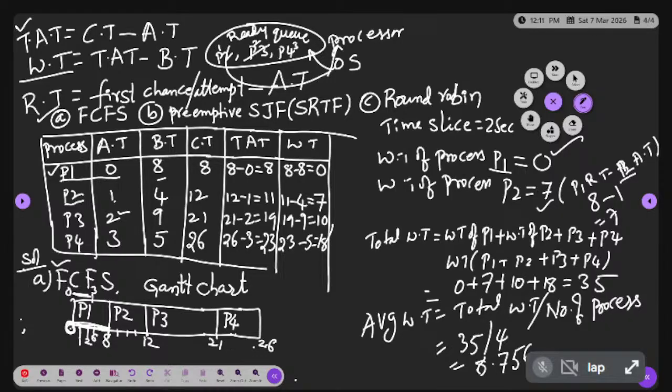Right. We need to calculate average waiting time as well as average turnaround time. So next, average turnaround time is equal to total turnaround time divided by number of processes. So what is total turnaround time? It is the turnaround time of each process added up.